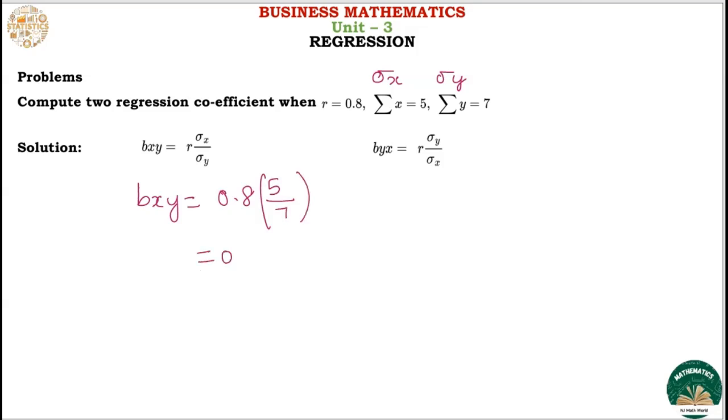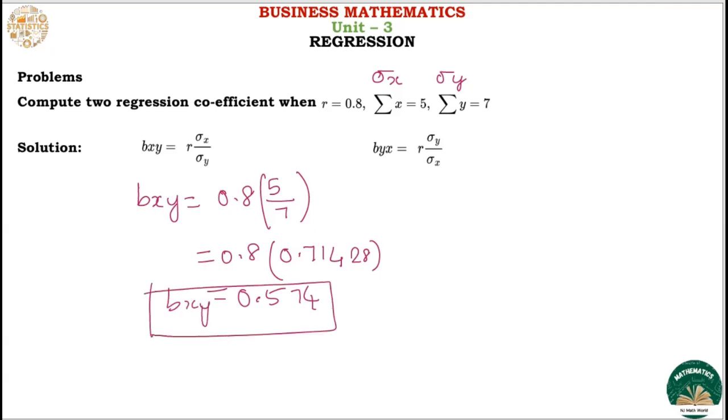So 0.8 into 5 by 7, that is 0.71428. If you multiply 0.8 into 0.71428, that will be 0.574. That is bxy.